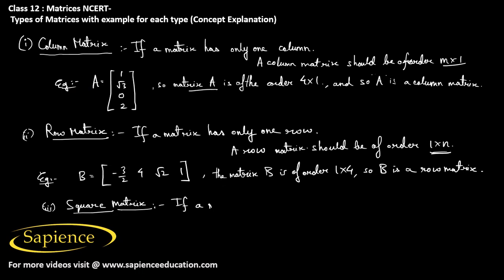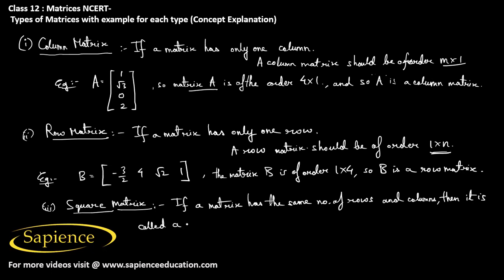So if a matrix has the same number of rows and columns, then it is called a square matrix.